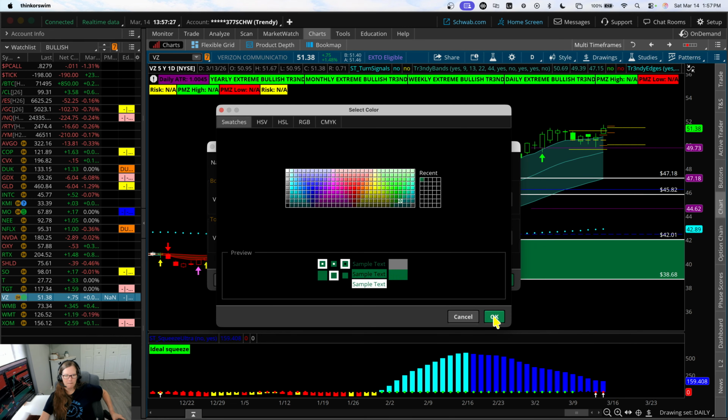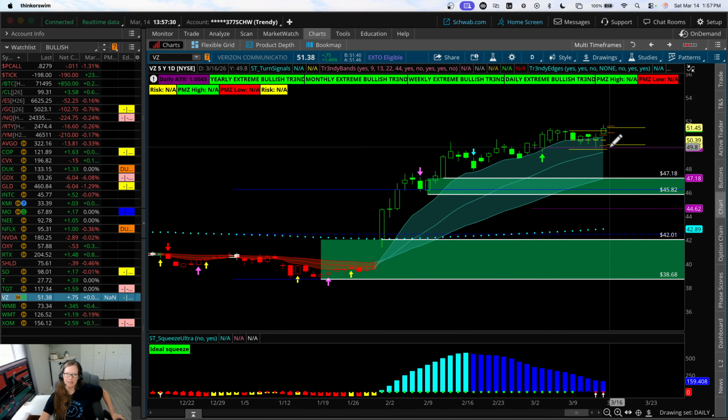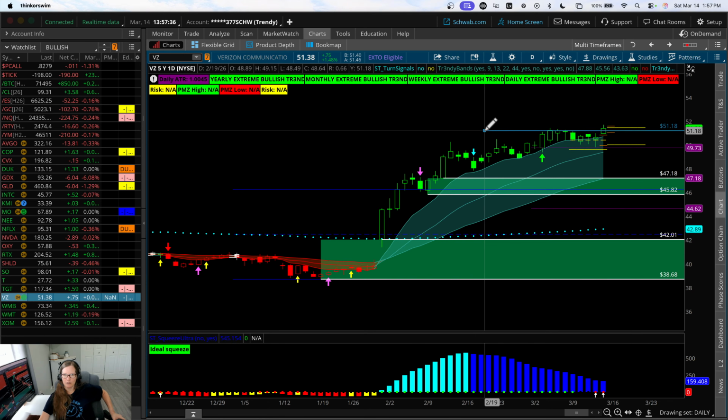Now, if I get this kind of dip to buy on Verizon and I'm trading it back up here to where it's camped out right now, notice that's $4 of reward.